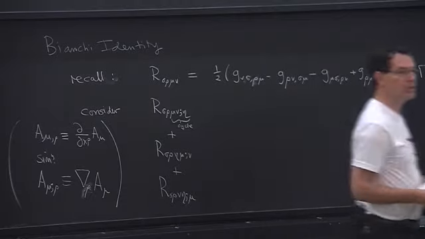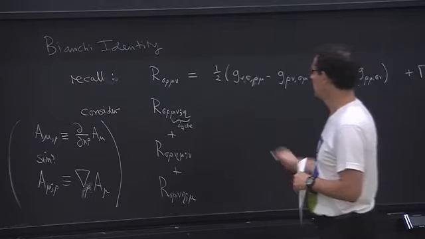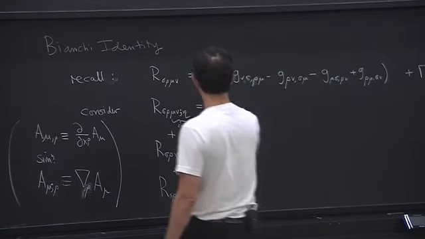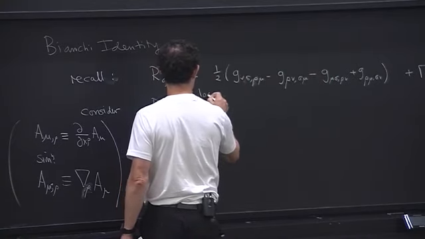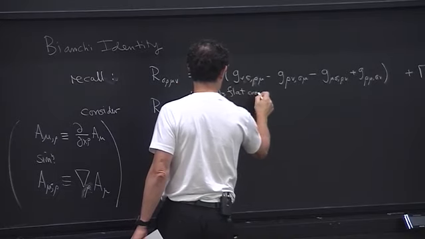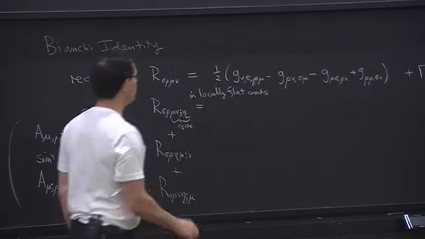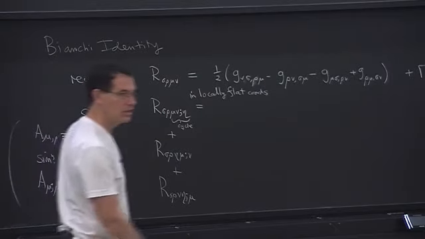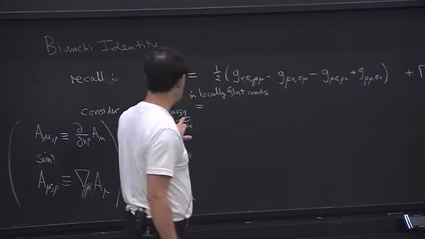Okay, so now I'm going to use the locally flat trick to write down these expressions. So in locally flat coordinates, the connections all vanish. But here I'm taking a derivative.